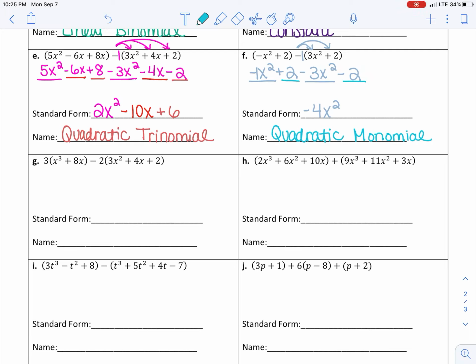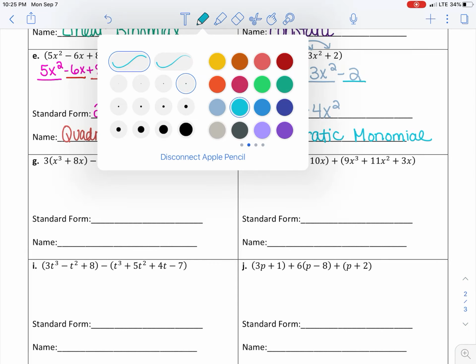If we're unsure of our names, we need to make sure that we are practicing with those names so that we know how to name these expressions. Because that is not going to go away. That is going to stay for the entire semester, or I'm sorry, entire unit.